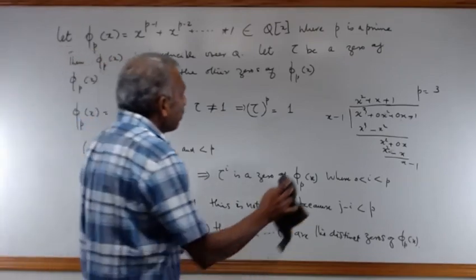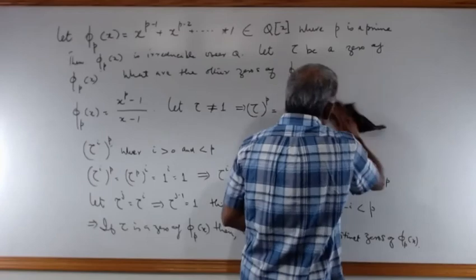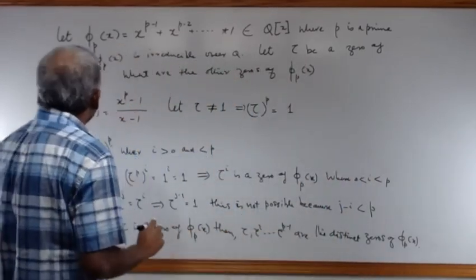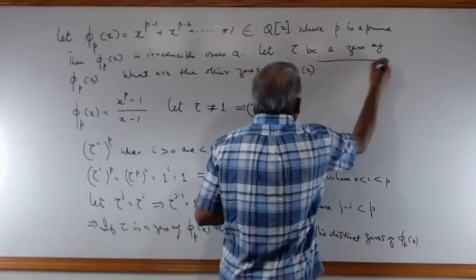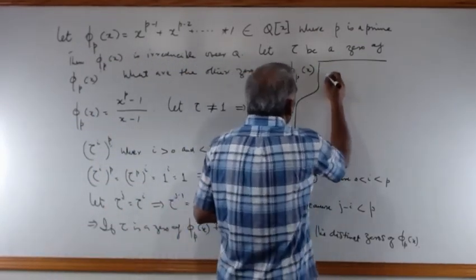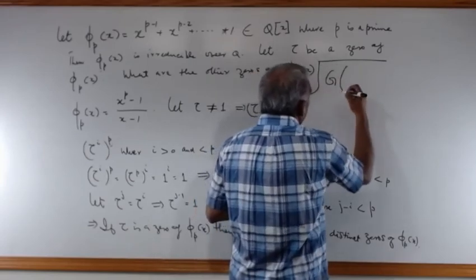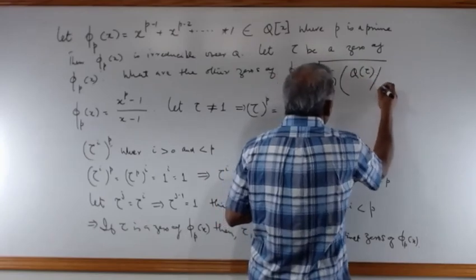We want to do one more property of the group of the field. I want to see what kind of group is G(Q(ψ)/Q).